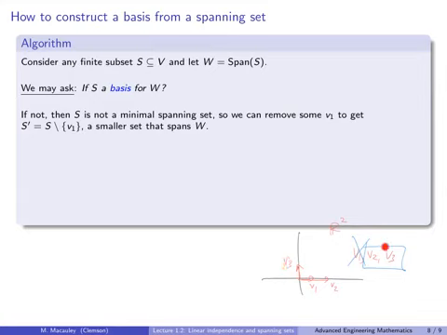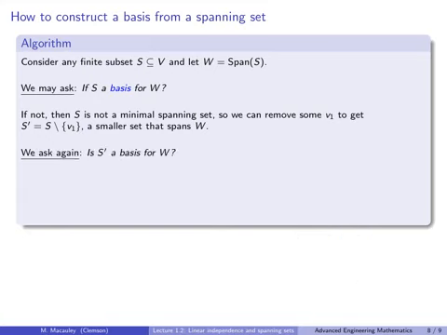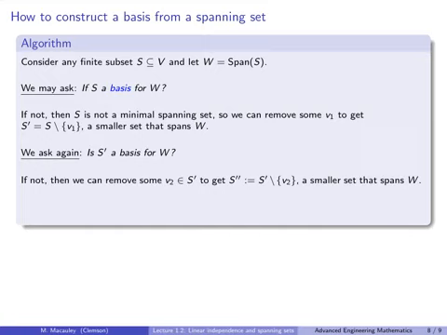So I can't just remove an arbitrary vi, but this just says that there is some vi, or some v1, that we can remove to get a smaller spanning set. So let's do that. Now we ask again, is this new set S prime a basis for W? If not, then we can remove some v2 from this. I'm calling it v2, but it might actually be v3; we can renumber it.